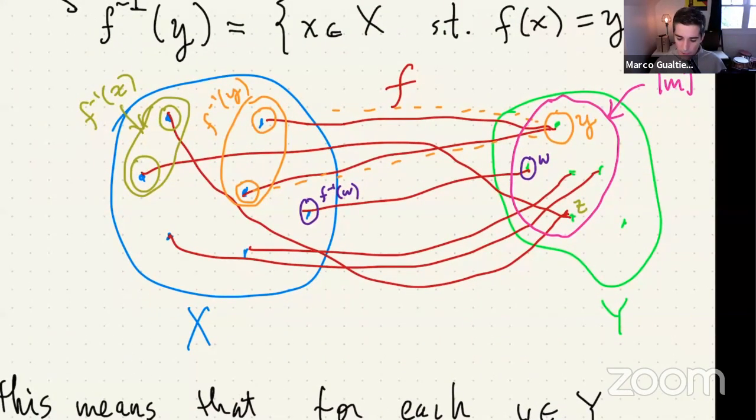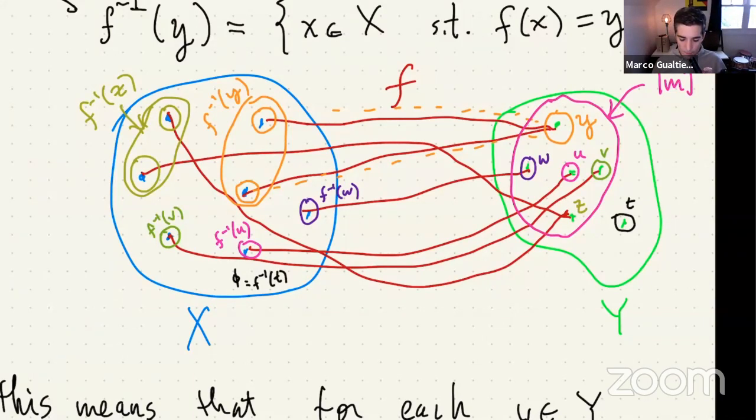Let me call this U, and U has pre-image here, F inverse of U. And V has pre-image here, F inverse of V. Okay, and finally, if I give this name T, the pre-image of T is empty. It's the empty subset.